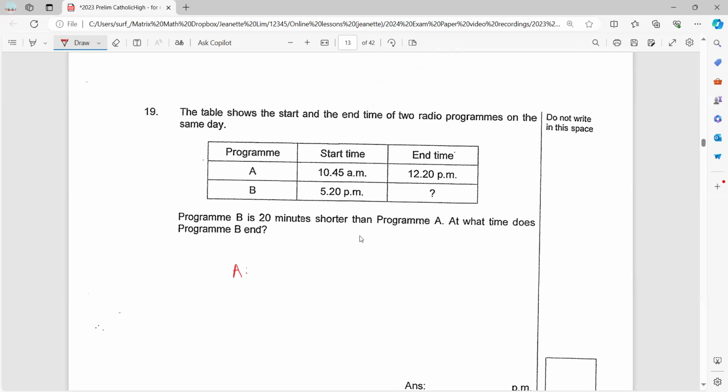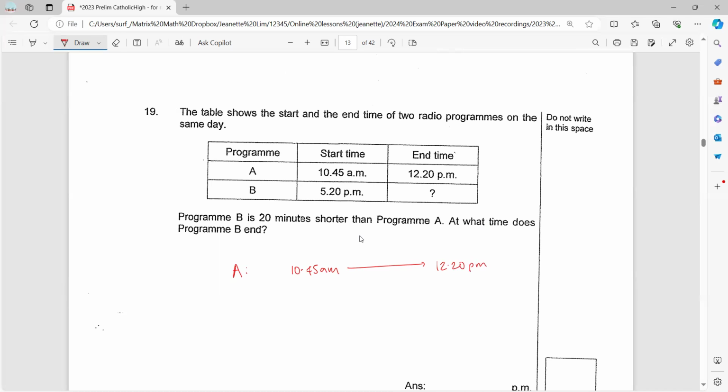So for A, we're talking about 10:45 a.m. to 12:20 p.m. If you can do this straight, you can go ahead.